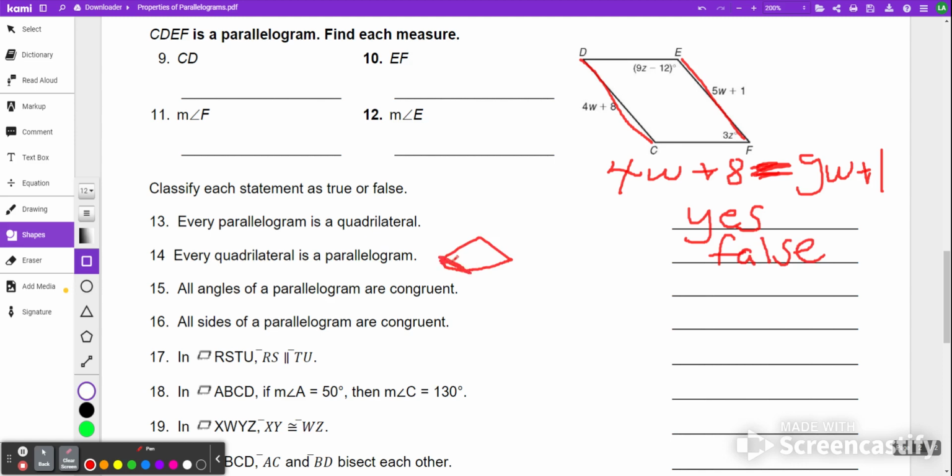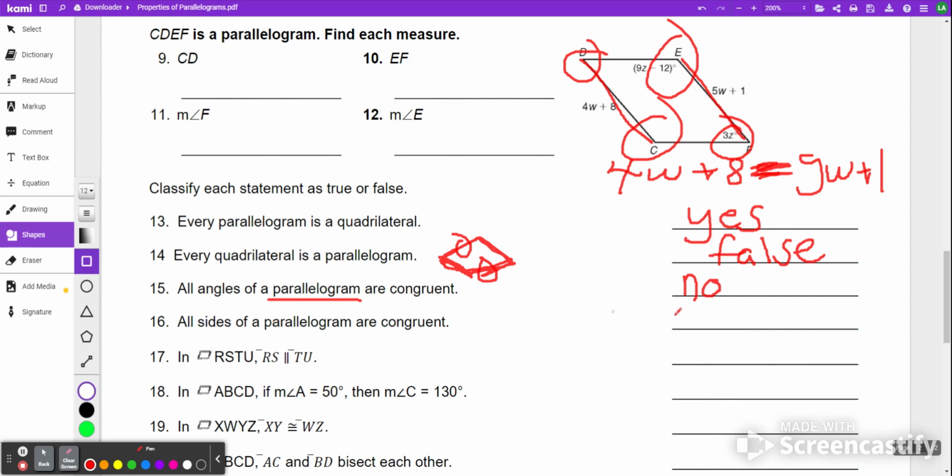This is a four-sided non-parallelogram. I mean, yeah, because this side's not parallel to that side. All angles of a parallelogram are going to, no, only squares and rectangles, not any parallelogram. Opposite angles are congruent, but not these. Look, these are way bigger. Yeah.